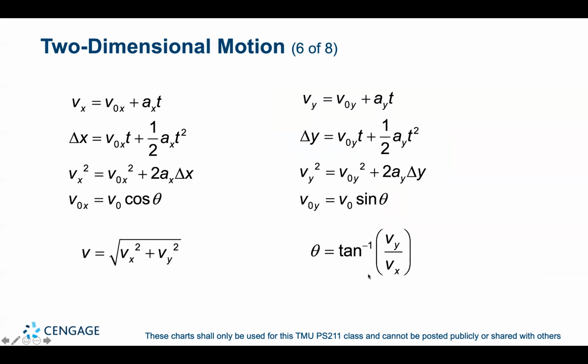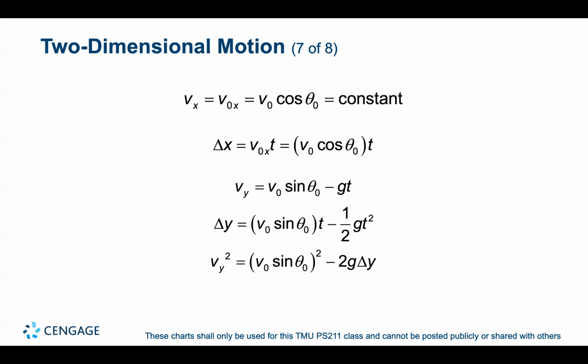And just as a reminder, some of these other values relate v sub y and v sub x, and how we can put x and y together to get the initial v. So anyway, we have more information there that I think is useful as we move into a two-dimensional scenario.